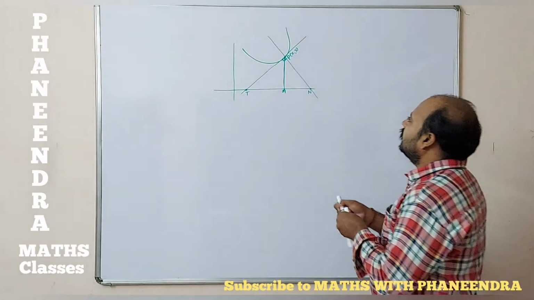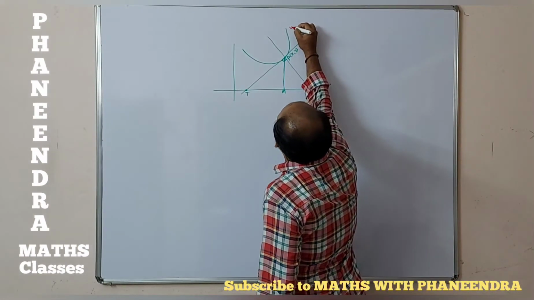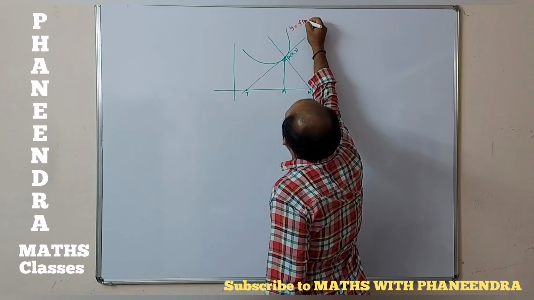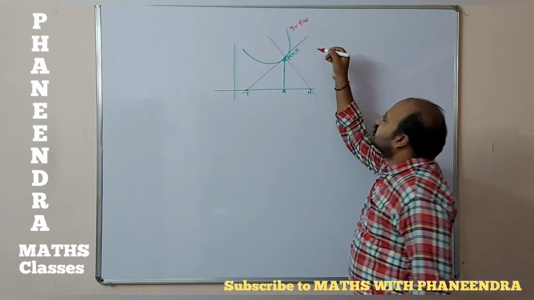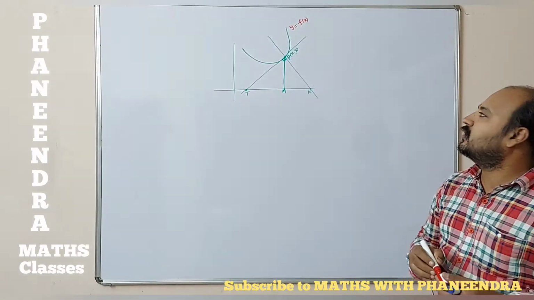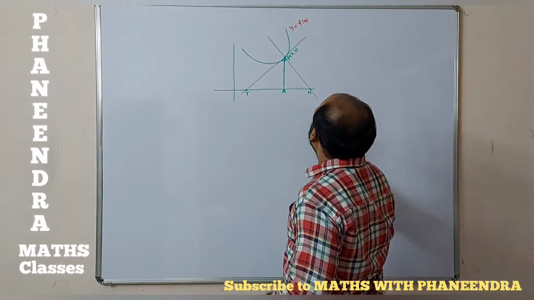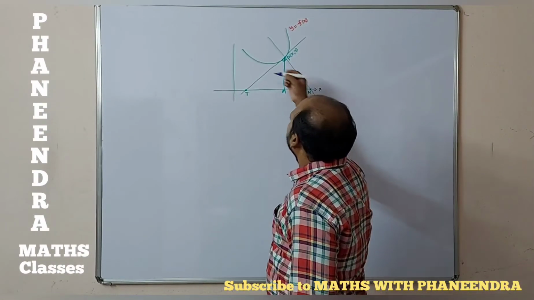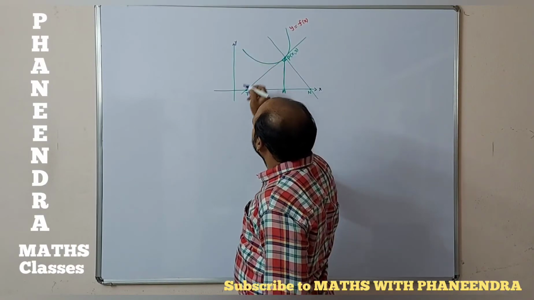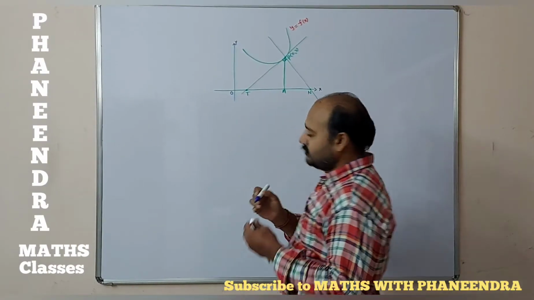See here, let us consider y is equal to f of x be a curve, and let P of x comma y be any point on the curve. X axis, y axis, the point of intersection is origin.